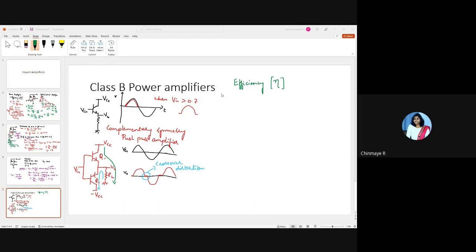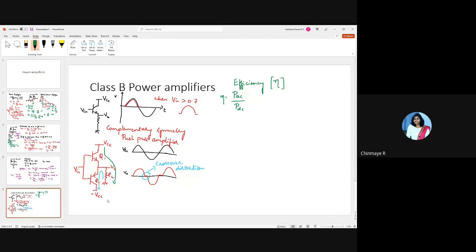The definition of it remains the same. So efficiency is AC output power divided by DC input power, right? So ideally, what is the maximum value the output can take? It will obviously be 0.7 volts less than VCC, and then 0.7 volts even here. But since yesterday also we spoke about it, VCC in lab you gave around 15 volts, right?